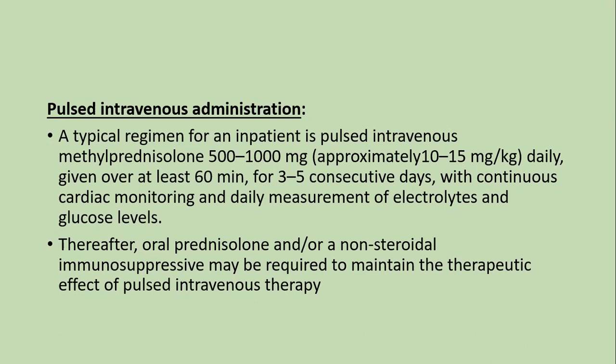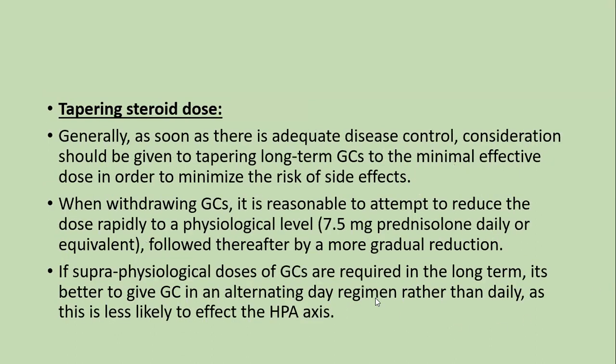The typical regimen for inpatient pulse IV therapy with methylprednisolone is either 500 or 1000 milligram, approximately 10 to 15 milligram per kg per day, over 60 minutes for 3 to 5 consecutive days, with continuous cardiac monitoring and daily measurement of electrolytes and glucose levels. Thereafter, oral prednisolone and non-steroidal immunosuppressives may be required to maintain the therapeutic effect of pulse intravenous therapy.